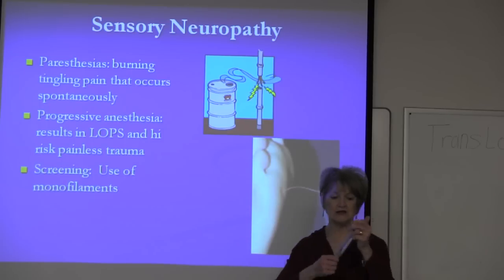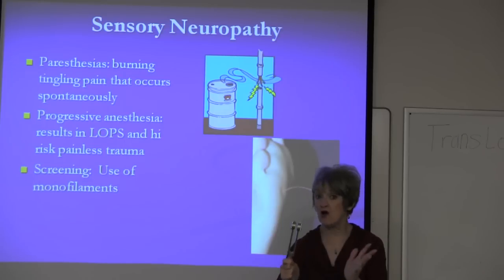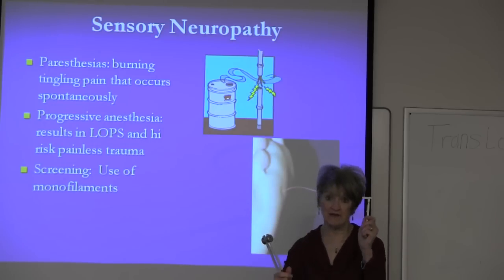Now there's another test that we can do, and that is a test for vibratory sense. Loss of vibratory sense usually precedes loss of protective sensation. So if you have totally normal nerve function, you'll recognize vibration, and you'll recognize 5.07.